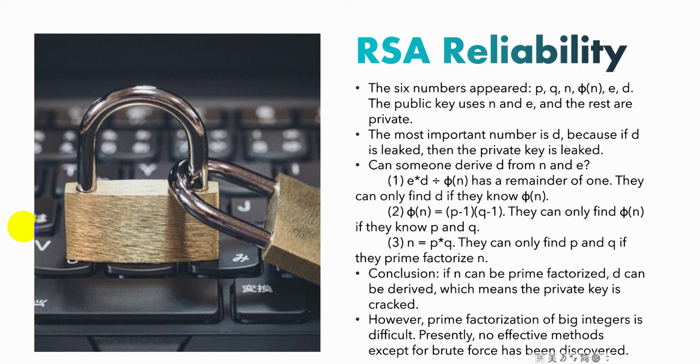So can someone find D from N and E? The only way of finding D is from E times D divided by phi N having a remainder of 1.